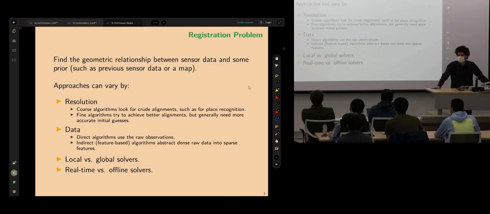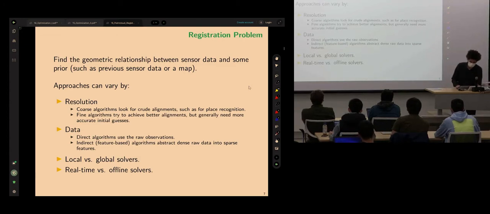Now, maybe it's 5 centimeters off. Maybe that's not a problem. There's no reason to aim for solving that in one pass of frame-to-frame registration. Fine algorithms, on the other hand, try to really get an accurate reconstruction.